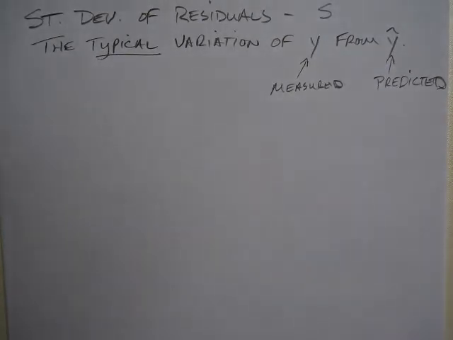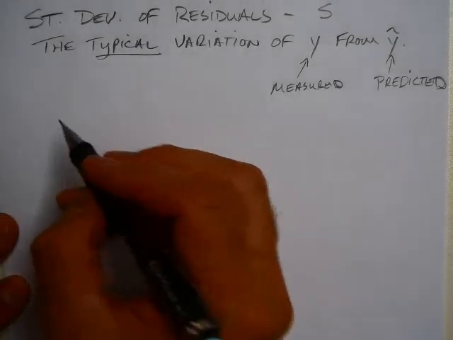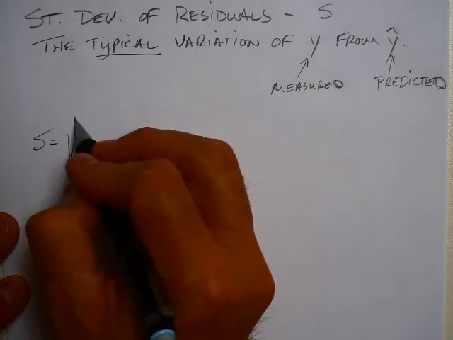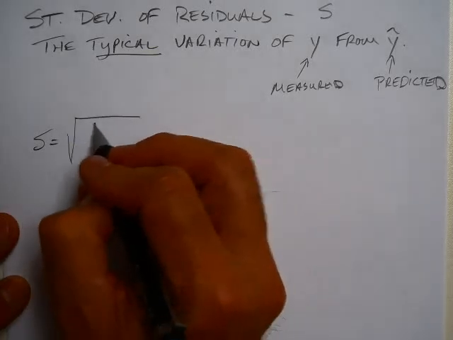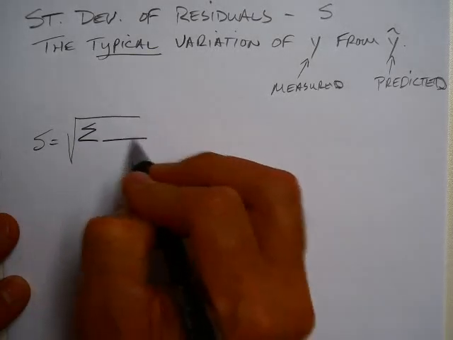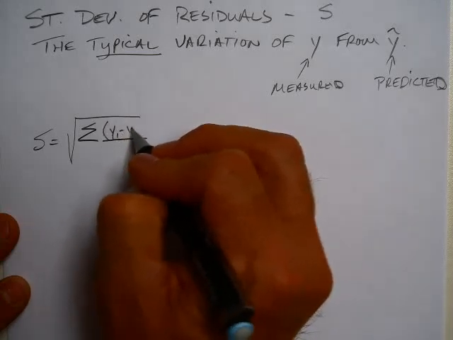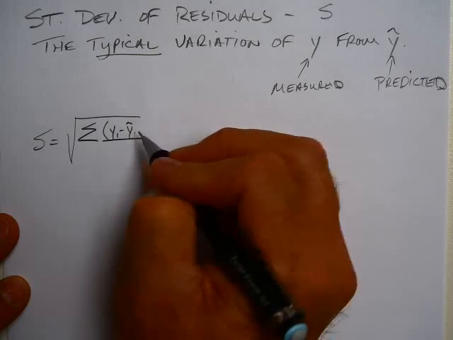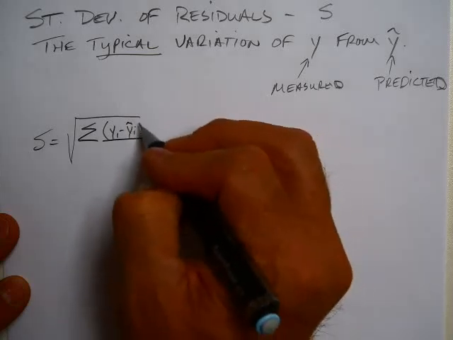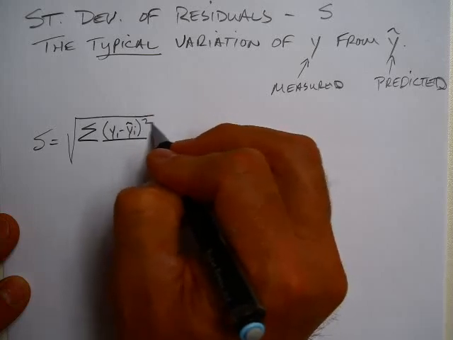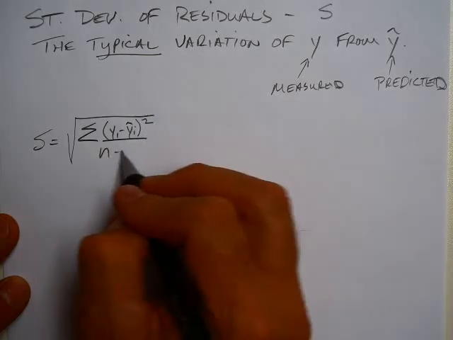All right. And the standard deviation looks like this. So it would be S equals square root of the sum of y i minus y hat i, squared, divided by n minus 2.